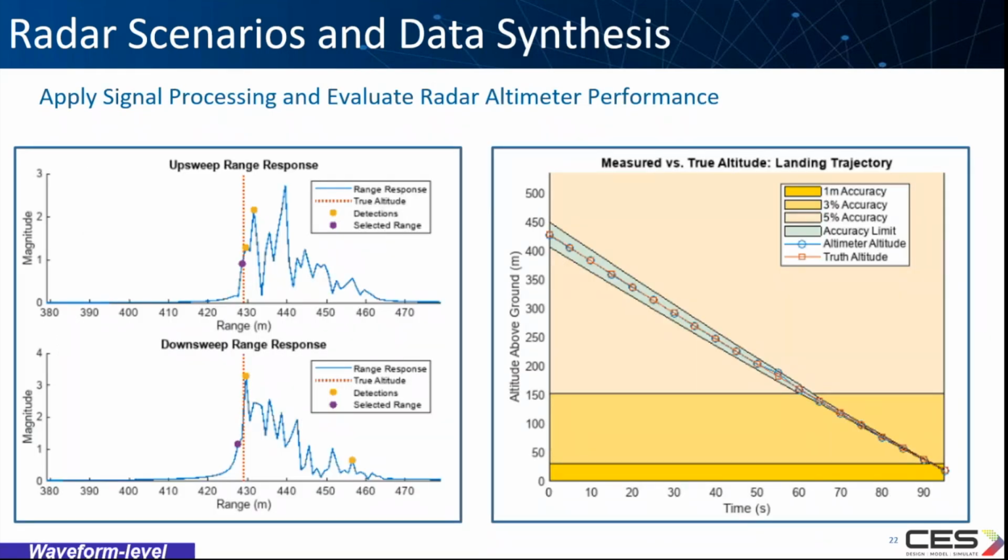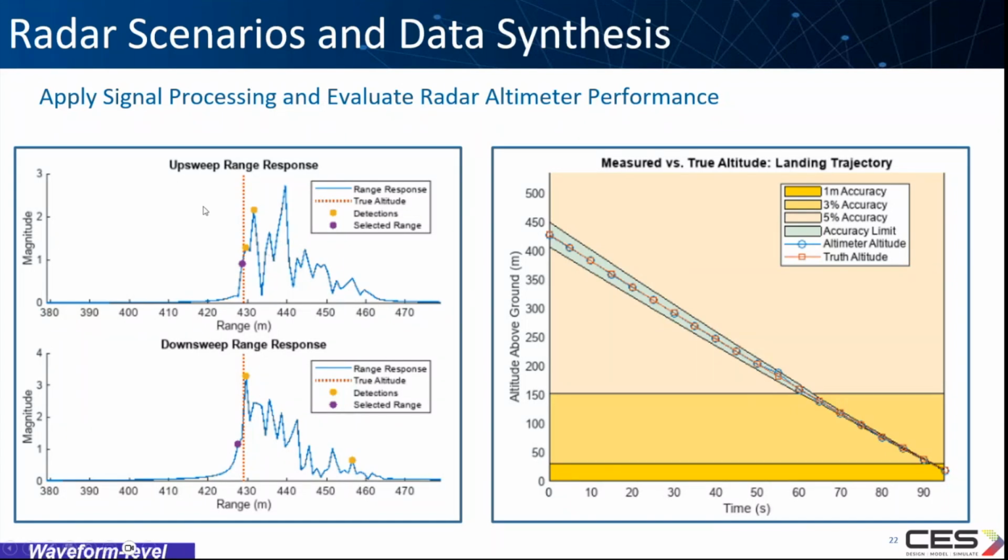Now we would like to assess the performance of our radar signal processing algorithms. The radar signal processing algorithms are mainly based on first acquiring the RF signal, and for an FMCW we have a mixer. After that we filter out that signal so that we get rid of high frequencies, and we perform FFT processing to get the range response.